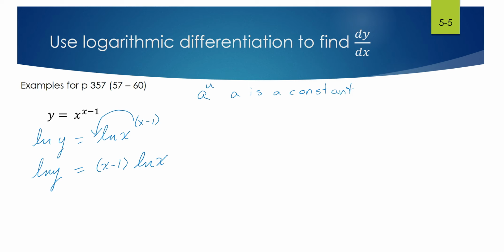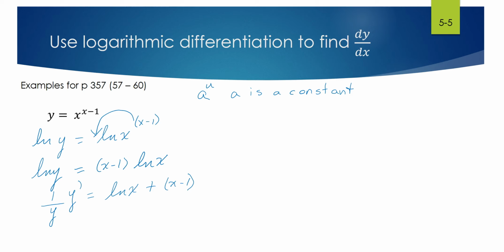So deriving ln y, it's the ln rule, 1 over y, but because we touched a y, y prime. Now I'm going to do my product f, which is x minus 1, so f prime is just 1, and I keep g, ln x, plus keep f, x minus 1, and derive g.